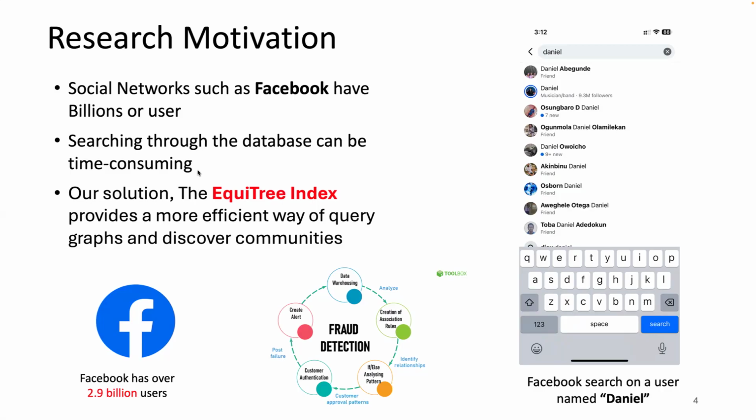So our solution, the equity tree index, provides a more efficient way of querying graphs and discovering communities in a graph. Also, we can see an example in fraud detection, where we can analyze graphs to detect fraud and connections around that fraud scenario.